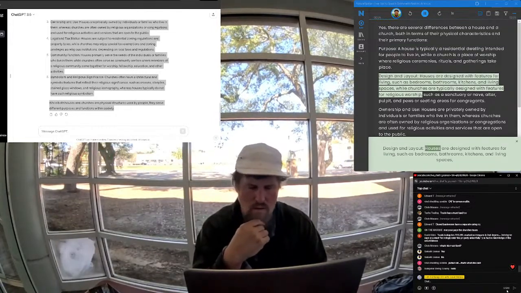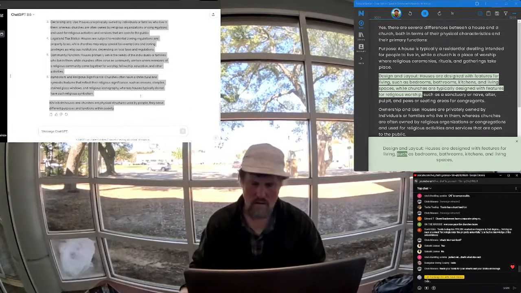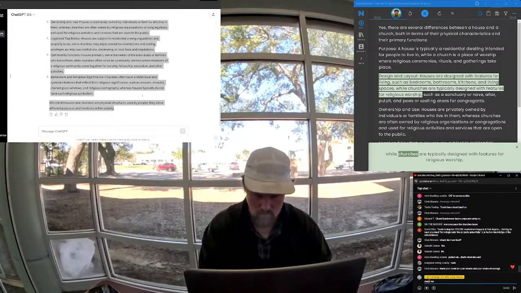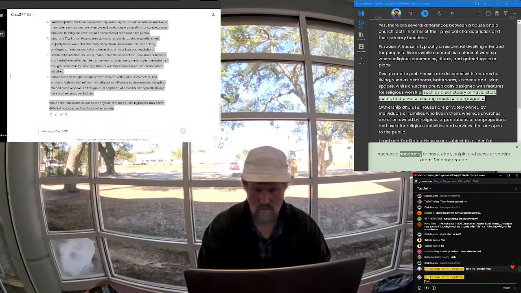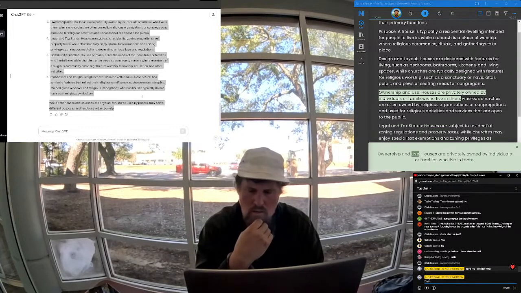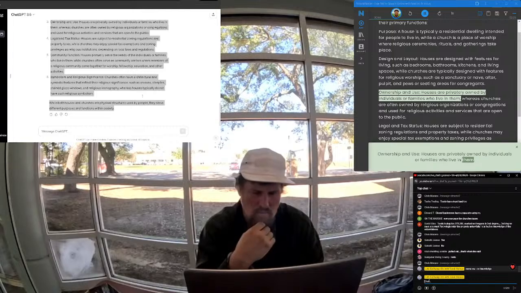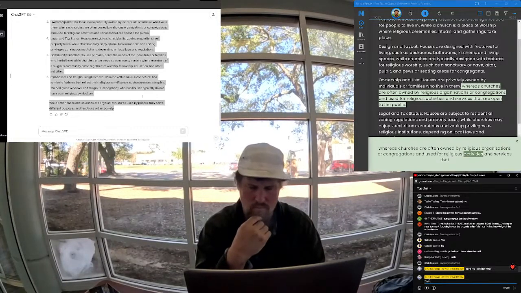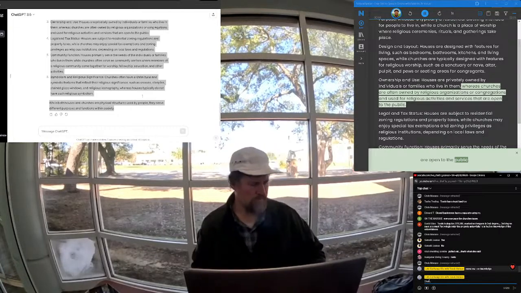Design and layout: houses are designed with features for living, such as bedrooms, bathrooms, kitchens, and living spaces, while churches are typically designed with features for religious worship, such as a sanctuary or nave, altar, pulpit, and pews or seating areas for congregants. Ownership and use: houses are privately owned by individuals or families who live in them, whereas churches are often owned by religious organizations or congregations and used for religious activities and services that are open to the public.